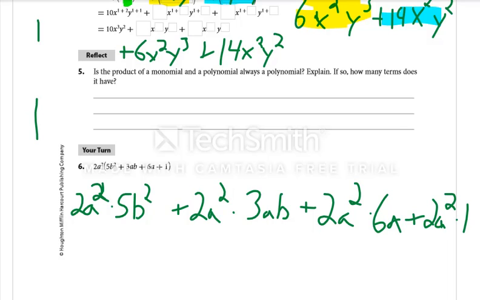All right, go through to simplify it. 2 times 5 is 10. A squared, there's no other like base with a, so leave it as a squared. And b squared, there's nothing else with the b, so 10a squared b squared. All right, plus 2 times 3 is 6. A squared times a, add those exponents, is a to the third power.